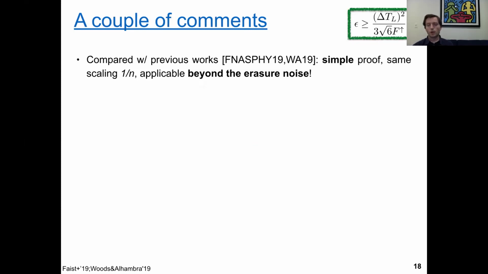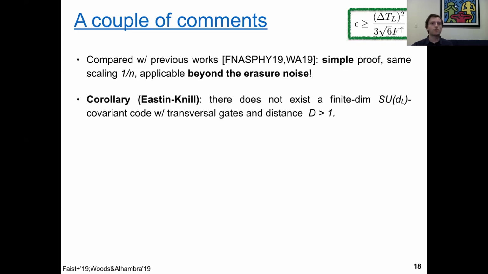In particular, we can very easily consider the depolarizing channel and so on, whenever we can find certain Kraus representations satisfying some conditions.